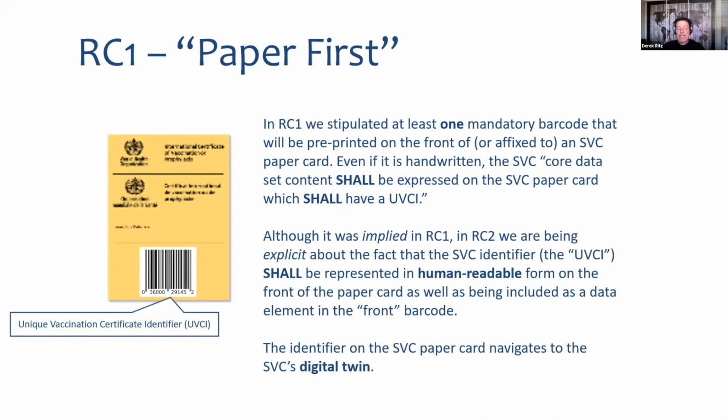And that means that if you went through the process of handwriting content onto that paper card, that handwritten content on a paper card could later be married to its digital twin.